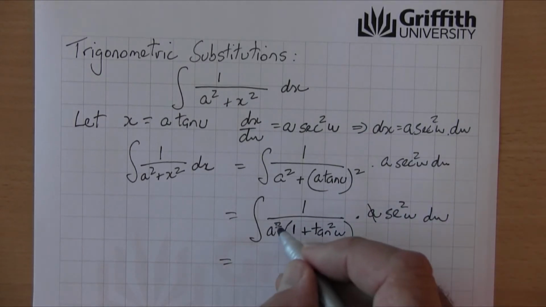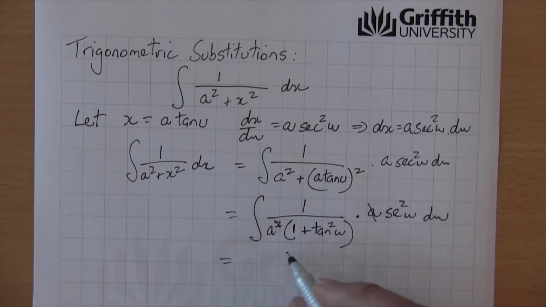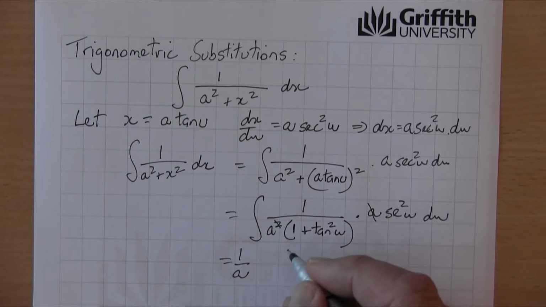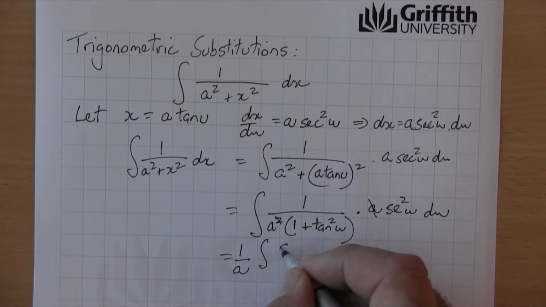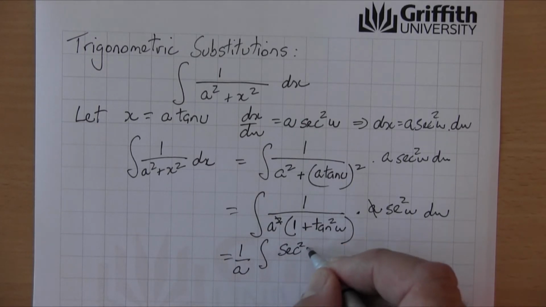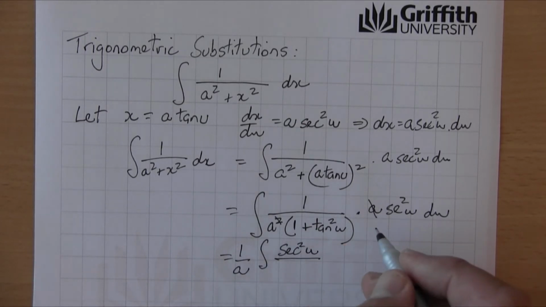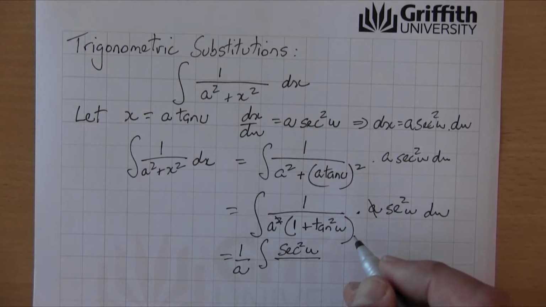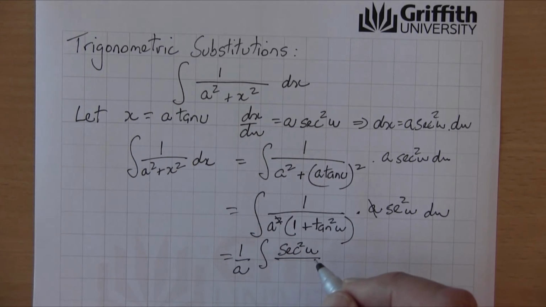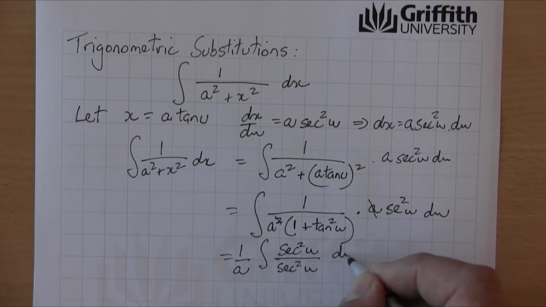This a, we cancel a squared, so we've got 1 on a, and 1 on a is a constant, so it'll come out the front. 1 on a times the integral of sec squared u over 1 plus tan squared. By your identities, 1 plus tan squared is equal to sec squared, so this is all replaced by sec squared u du.